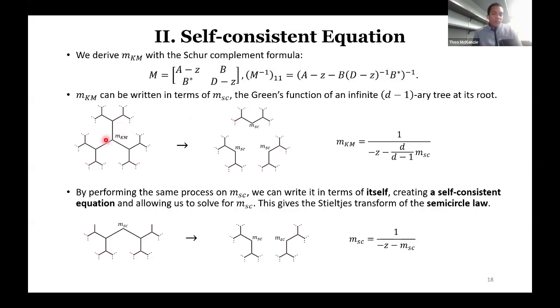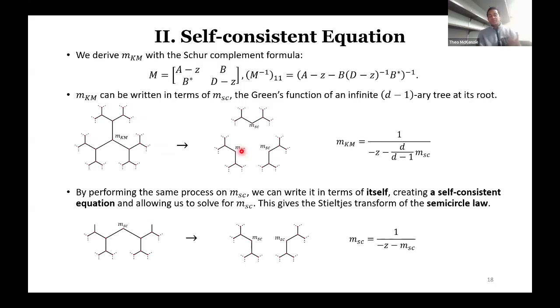So if I'm interested, for example, in walks that start and end at a vertex in my infinite tree, there's a specific formula that allows me to write it in terms of walks on neighbors after I delete that vertex. That's what's known as the Schur complement formula, and is given by this right-hand side here. But really, the idea is just that if I want to think about walks that start and end at a vertex in an infinite tree, I can just write that in terms of the first place that I leave, and then I must come back through that vertex.